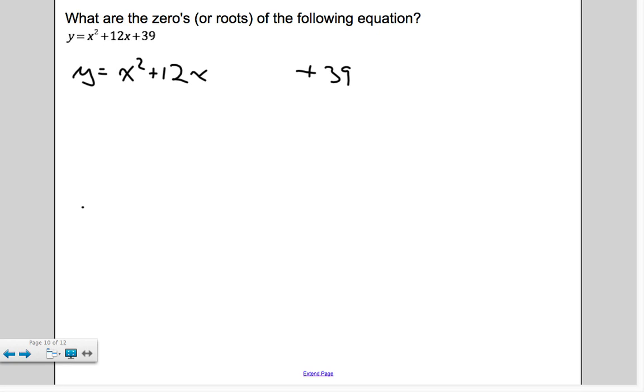So how can I complete the square with this? Divide 12 by 2. Okay, so 12 divided by 2 is 6. Square it.